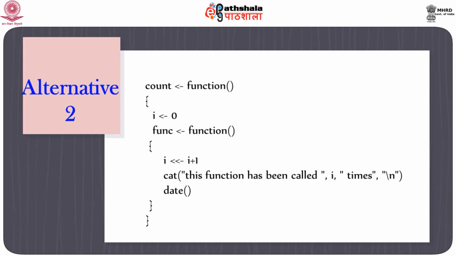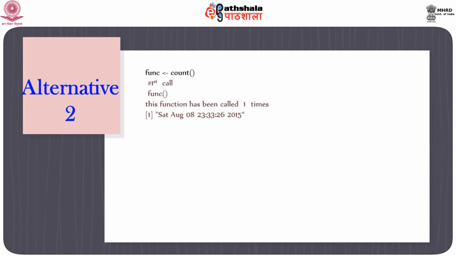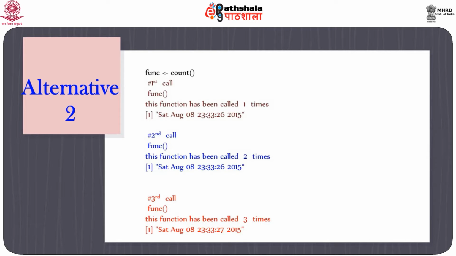So, this is how the function looks. Whenever we call the function, it will show you the time at which it is called as well as the number of times it has been called, including this turn.